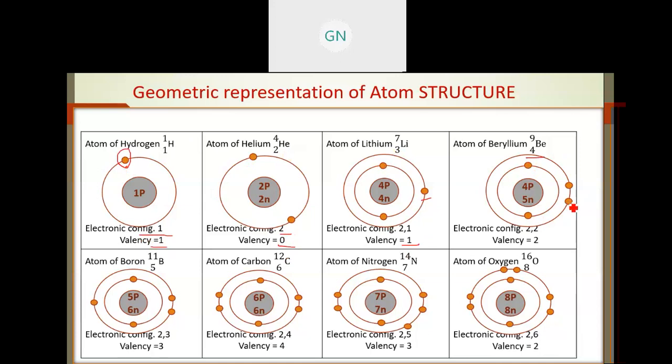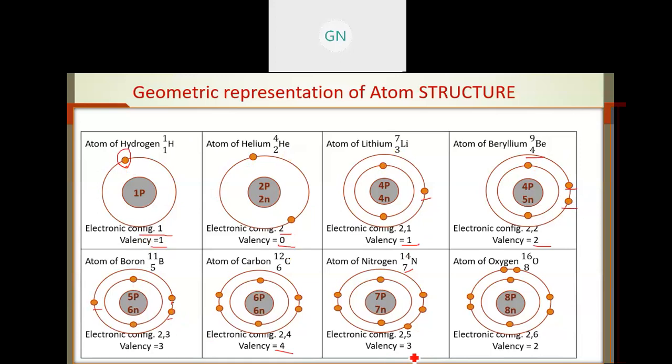Beryllium, atomic number 4. First 2 electrons fill the first shell, and the other 2 electrons are filled in the second shell. So valency is 2. Atomic number of boron, 5. First 2 electrons in the first shell, and the other 3 electrons in the outermost shell. So valency is 3.